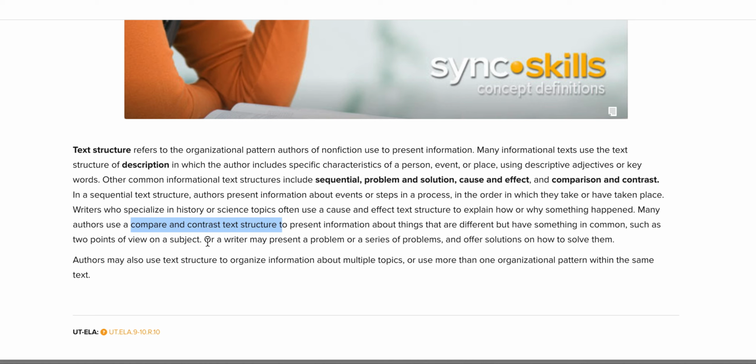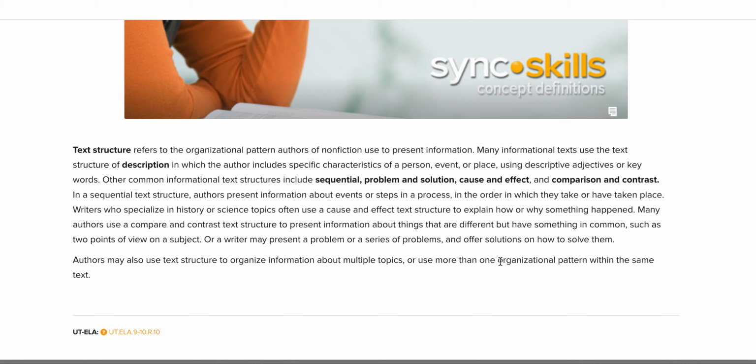And then finally, a writer may present a problem or a series of problems and offer solutions on how to solve them. That would be the problem and solution structure.